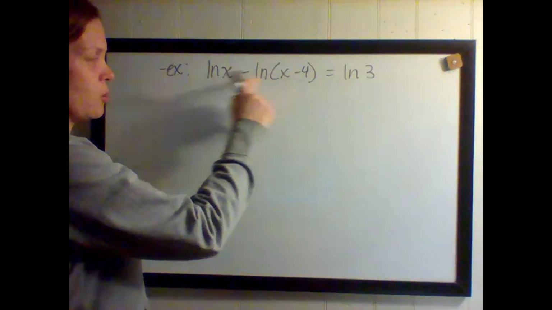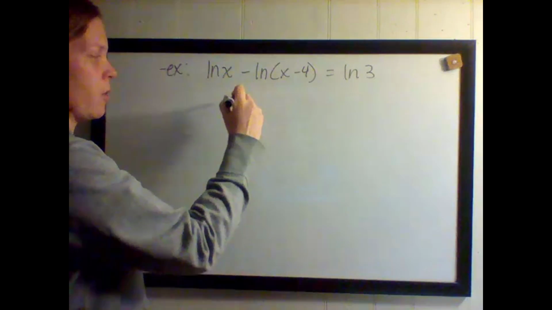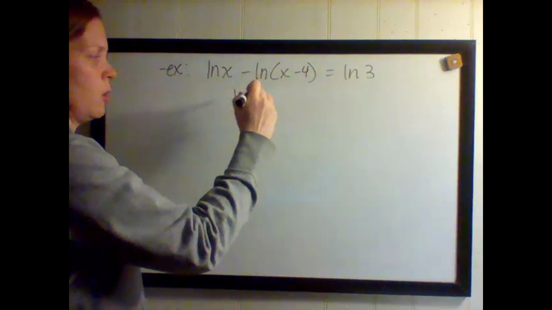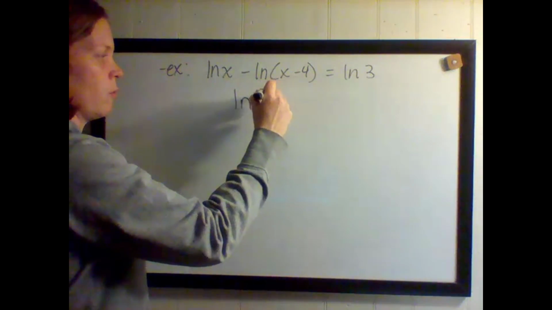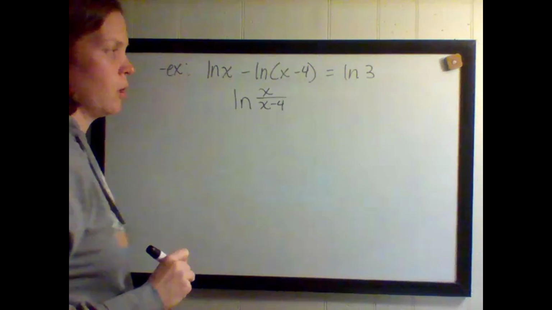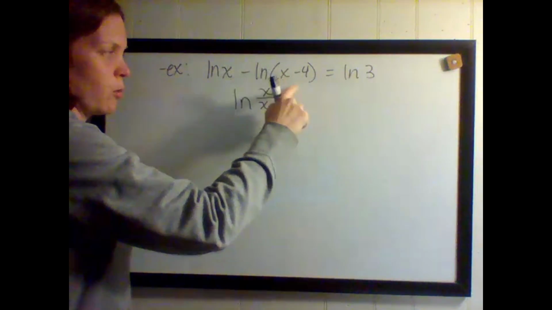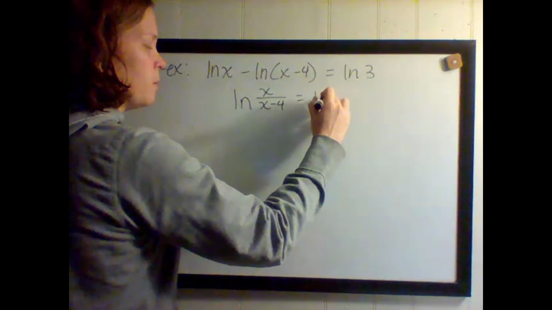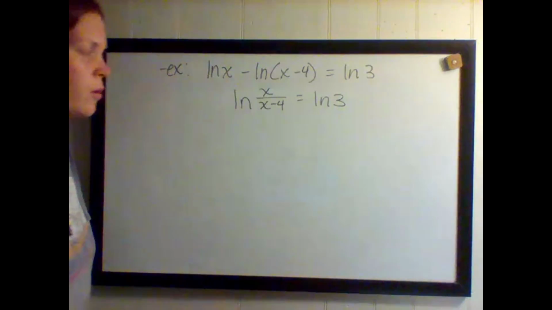So in this case, I've got 2 natural logs, but I should be able to put these together using the quotient rule. If I have a subtraction between 2 logarithms, I can write this as the quotient of the first one over the second one, whatever one's after the minus. So this is the same, natural log of x over x minus 4 equals natural log 3.